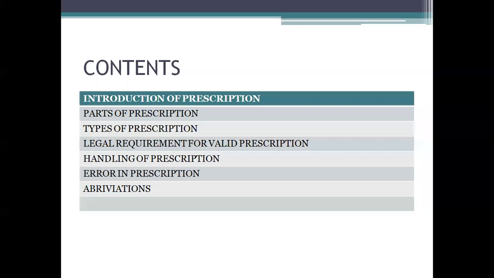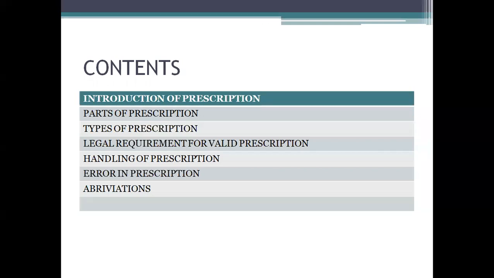Then errors in prescription. What are the errors faced in attending the prescription, in giving the prescription to the patients? The errors can happen by the physician, the doctor, or by the pharmacist. Both of them are responsible for the errors, whatever we face. In that, we have to look out for errors in prescription.